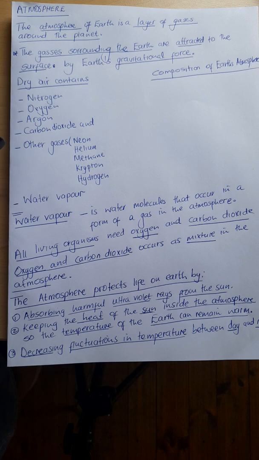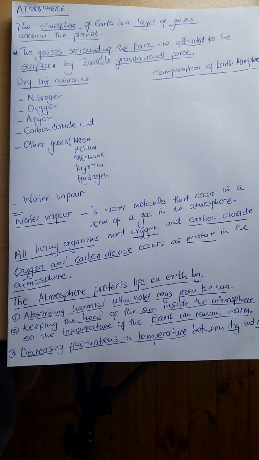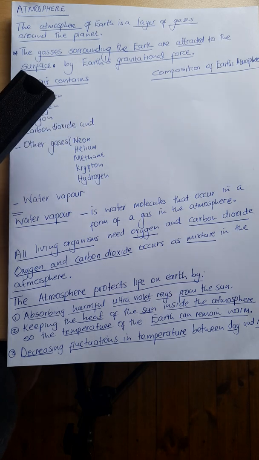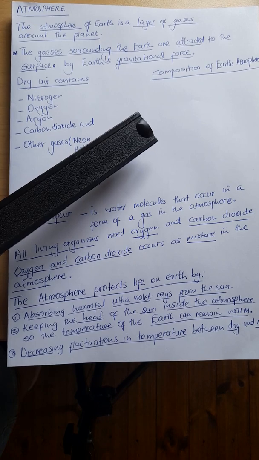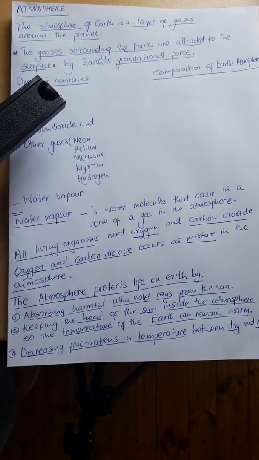And we also have the diagram that shows the composition of the dry air in the atmosphere. So you need also to check the diagram, and you will put it here on the notes when you write your notes.